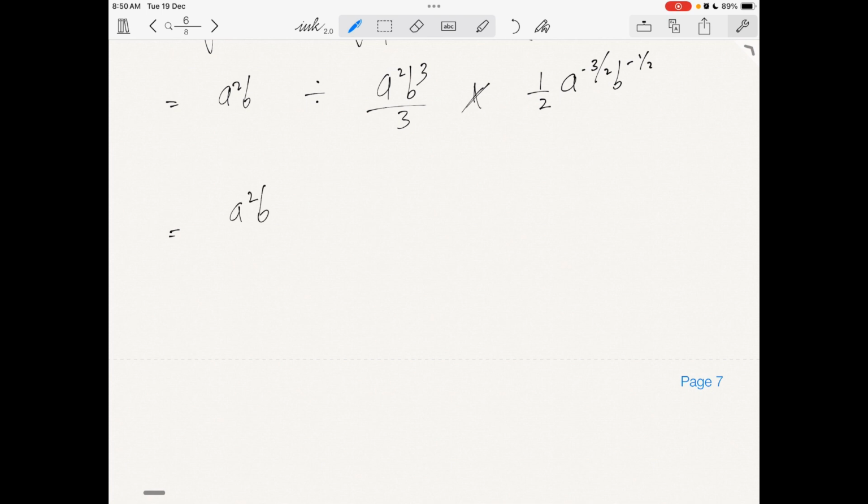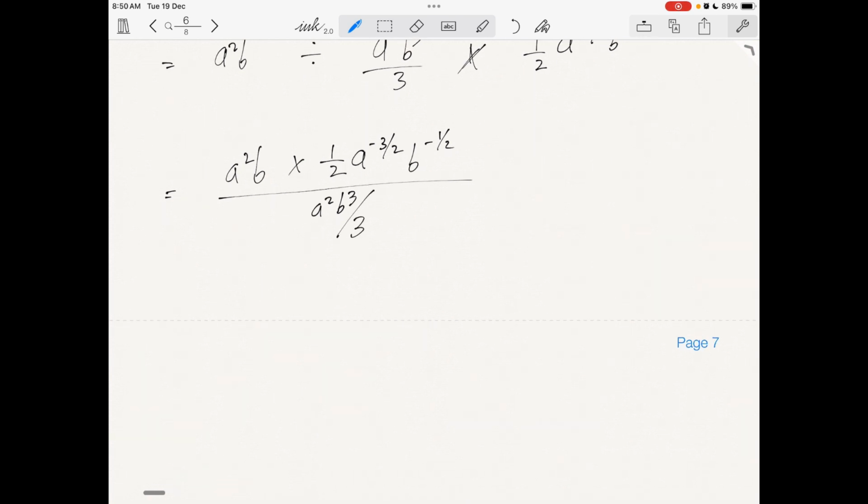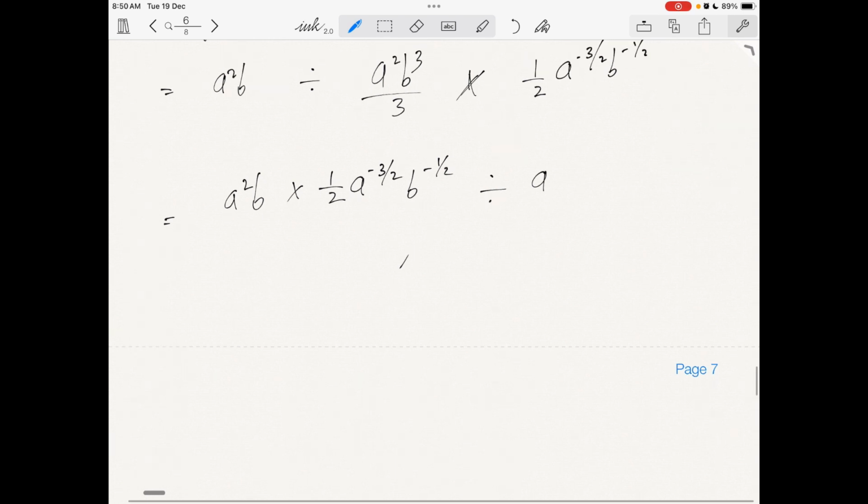So a squared b, multiplied by 1 over 2 a raised to power minus 3 over 2 b raised to power minus 1 over 2, everything divided by a squared b cubed divided by 3. Now this 3 goes to the numerator.